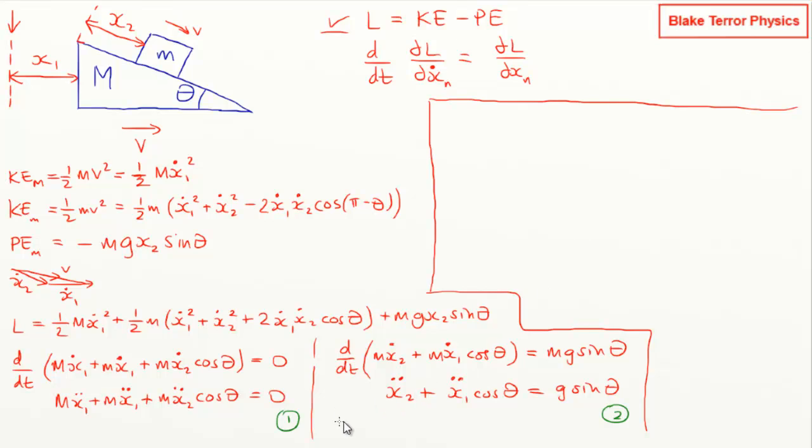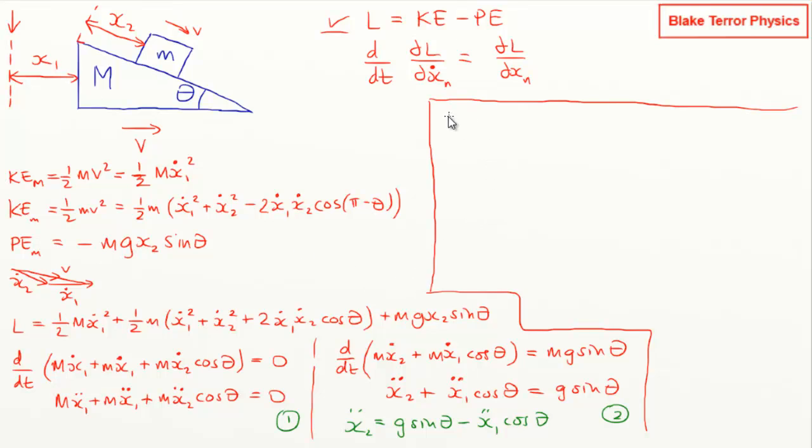Rearrange 2. Actually, I'm going to do it down here to get x2 double dot is equal to g sine theta minus x1 double dot cos theta, because I want to substitute that into equation 1, and then we can solve for x1 double dot, so the acceleration in the x1 direction.